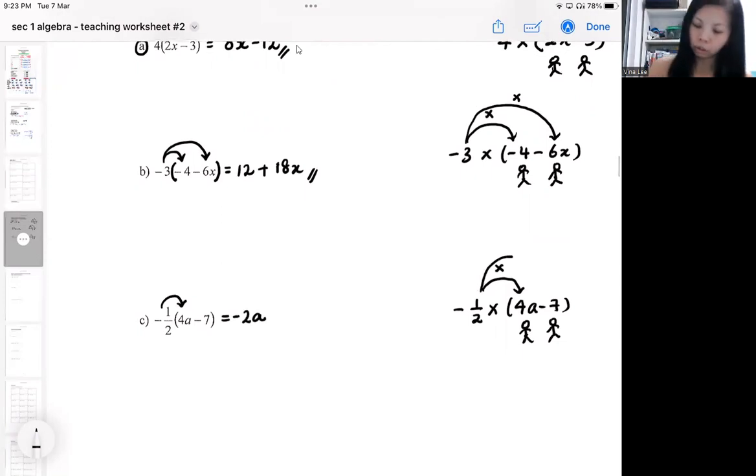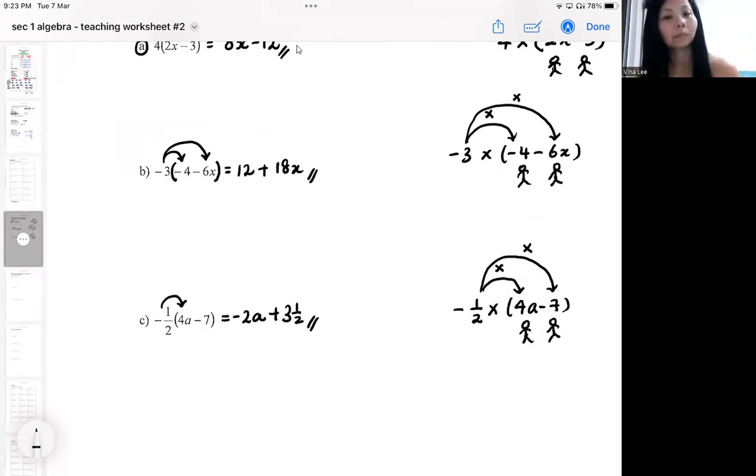Then you do the second one, distribute to the second person: minus half times minus 7. Then you get positive 3.5. So that's the answer. As you distribute, the bracket disappears because you opened the door and distributed already.